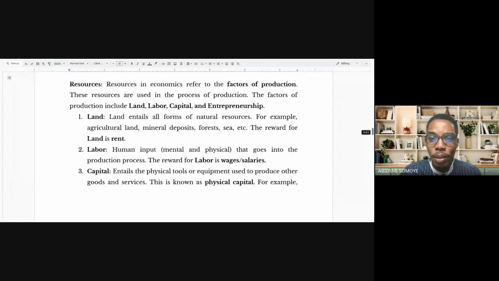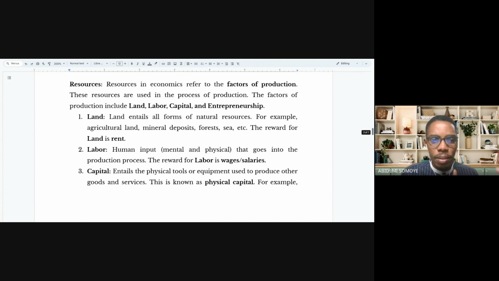Sometimes we talk about time. In today's world, we can include technology because you need technology in the factors of production. And if you look at economic growth models, you will find that we include technology in the equation and the model of economic growth. So it's also a factor in the production process.